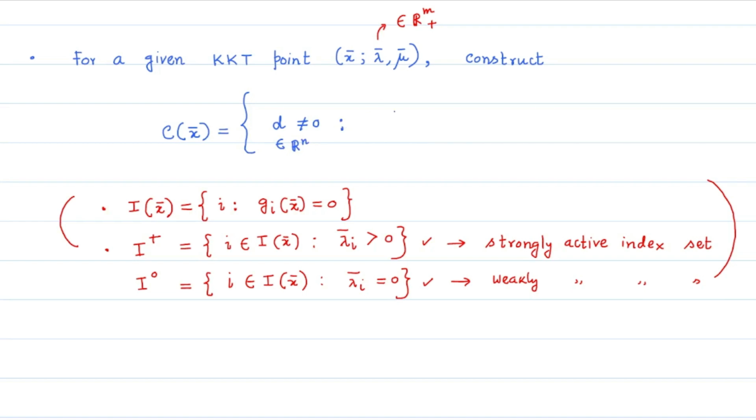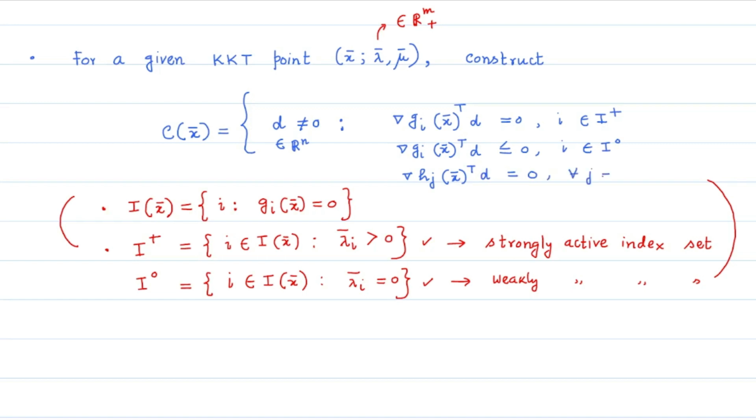The set of all those non-null d's such that gradient of g_i(x bar) transpose d is equal to 0 for the strongly active index set, and for the weakly active index set this inequality has to be less than or equal to 0, and in addition we must also have for the equality constraints this term equal to 0 for all j equal to 1 to l.